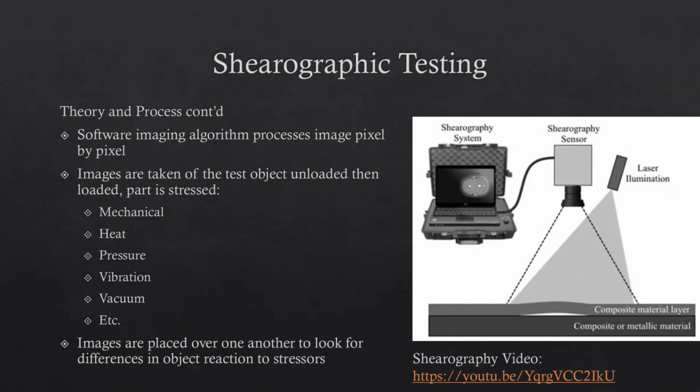But when you have differences in how the material reacts in a given area, that's going to cause differences in that speckle pattern, and that will become evident when you put the two images on top of each other, or when a computer compares them.